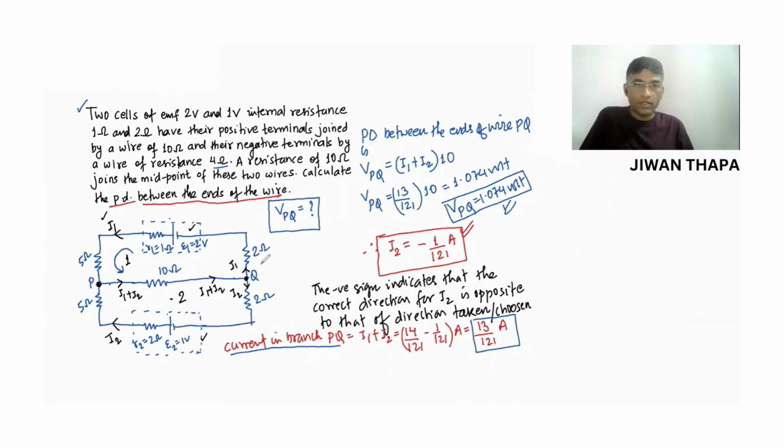From this circuit, we are getting I1 equals 14 by 121 ampere, and we are getting I2 equals minus 1 by 121 ampere. So we are getting this too, okay?